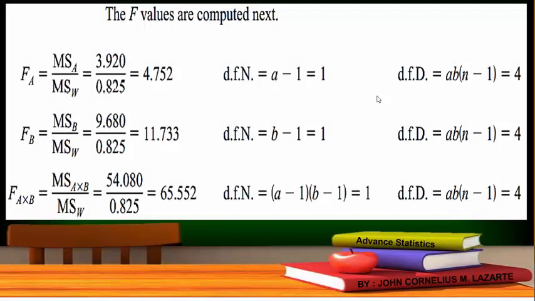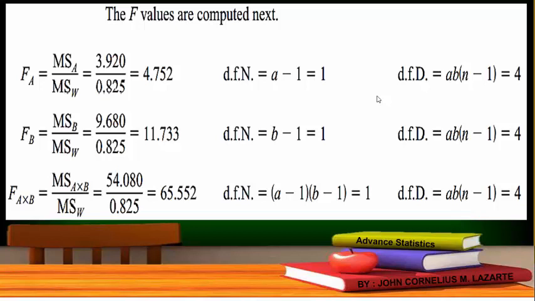For the F value of the factor A, we obtain it using the mean square of A divided by the mean square of the within group. We obtained 4.752 with the degrees of freedom numerator A minus 1 equal to 1 and the degrees of freedom denominator equal to 4.